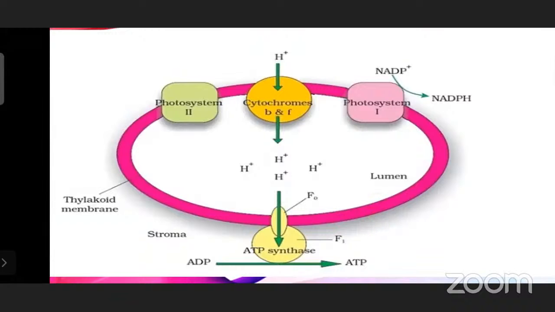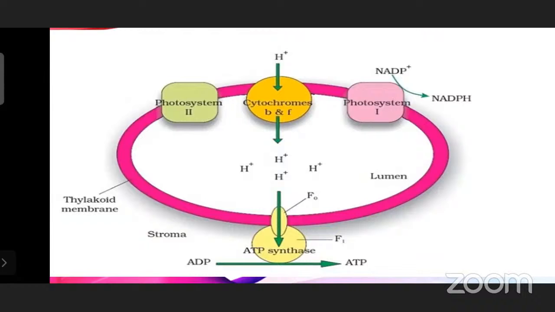So this thing you are going to learn. So clearly understand the structure. It will be very useful for knowing the concept here, how ATP synthesis will take place, how NADPH is going to get synthesized. Both these things, as you can see in the picture, they are located outside the thylakoid. That means they are present in the stroma.